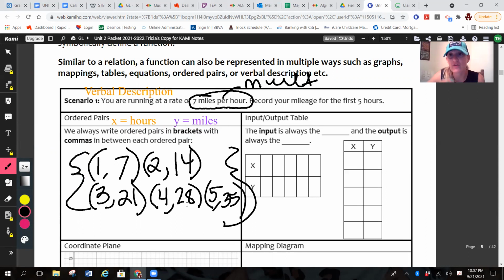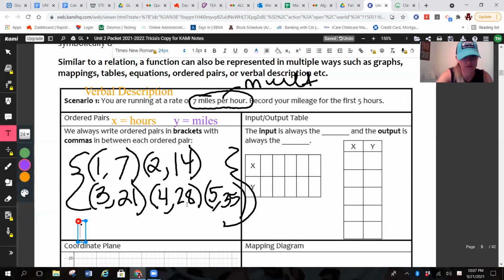Okay, so we have our 5 ordered pairs, and we're going to take these 5 ordered pairs and place them in a table. So we have our relation written as ordered pairs. So everybody write this right here. All right, and now we're going to see it as a table.